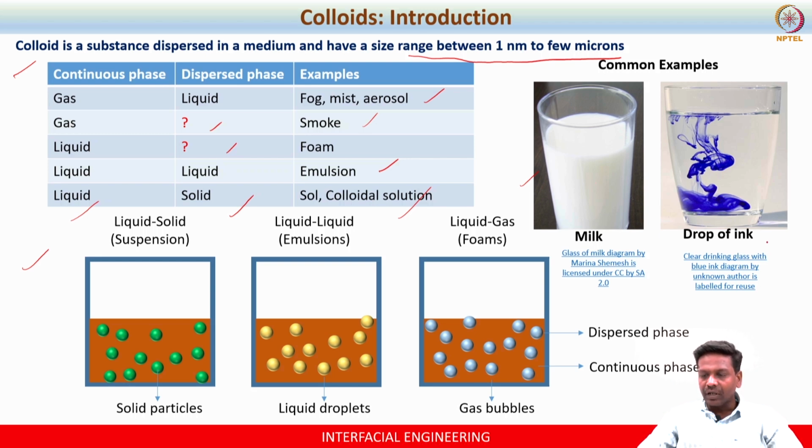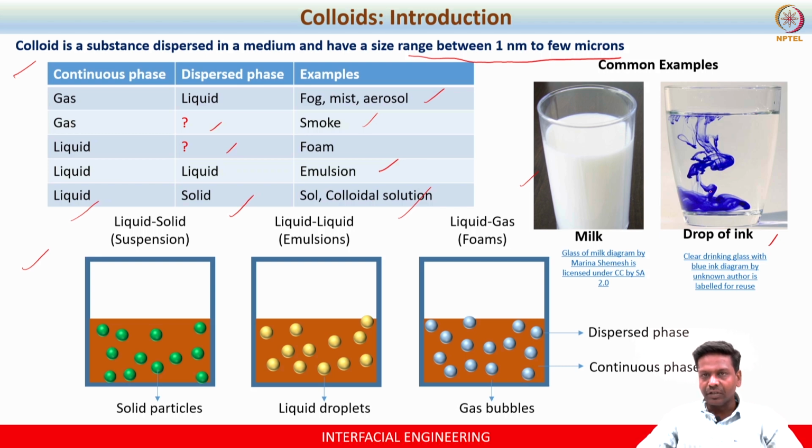We talk about ink. Ink is a colloidal system, because the pigment or the dye that is dispersed in water is a colloidal system. If you shine a light, you can see these pigment particles scattered everywhere.